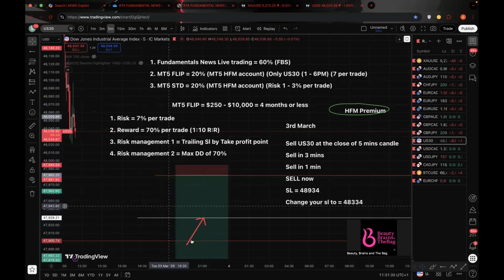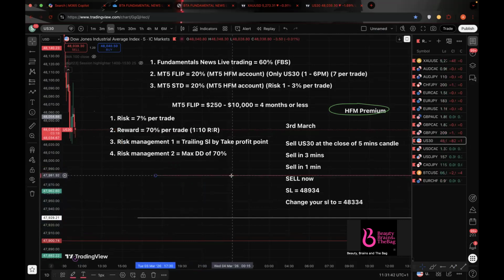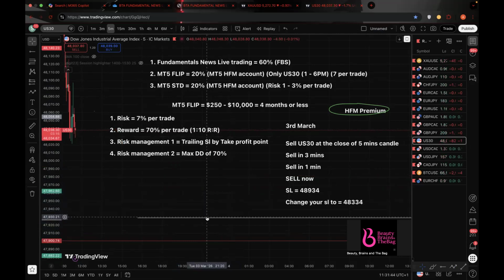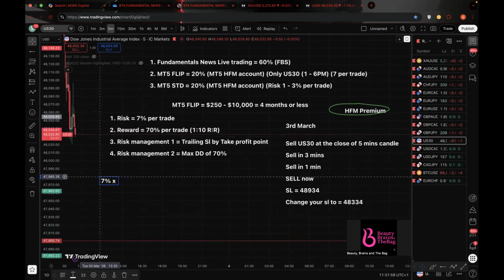So I said maximum drawdown is 70%. What that basically means is if we lose 10 trades in a row without a win, because we're risking 7% per trade, right? So if we lose 10 trades in a row without any win, that would be our 70%.